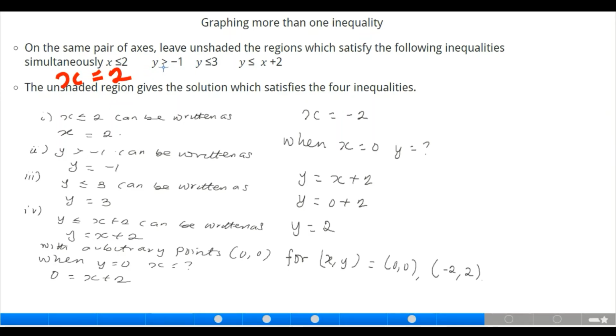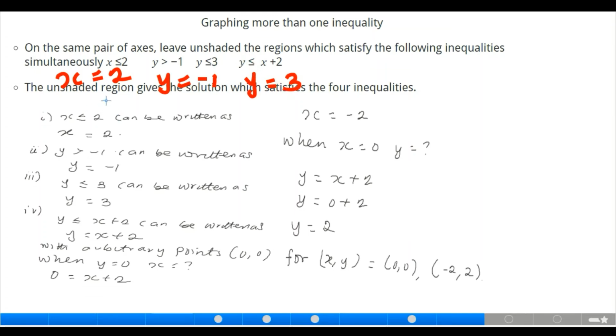And now for the next one, we have y less than minus 1. Since we only have a value for y, the inequality sign changes to equals. So we have y equals minus 1. Now for the next one, we have y less than or equal to 3. So the inequality sign also changes to equals. Then we have y equals 3.